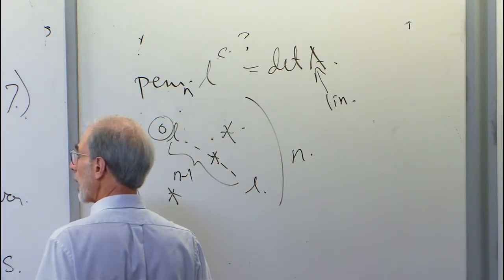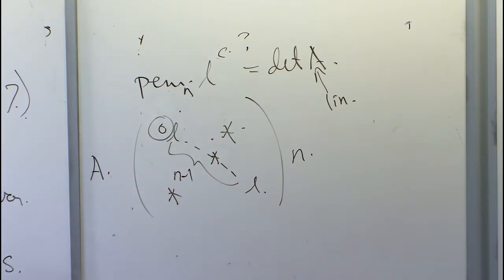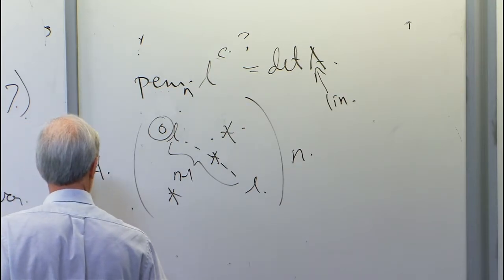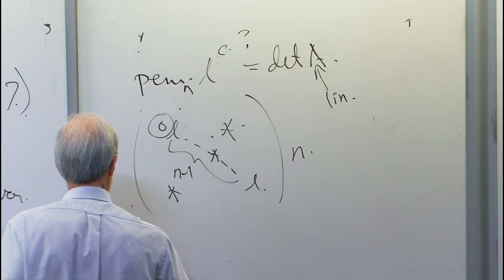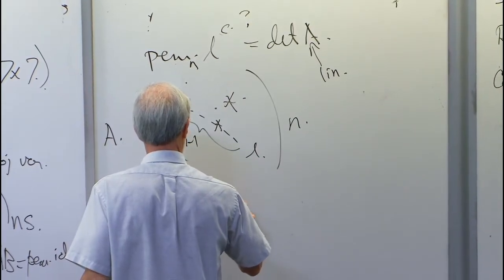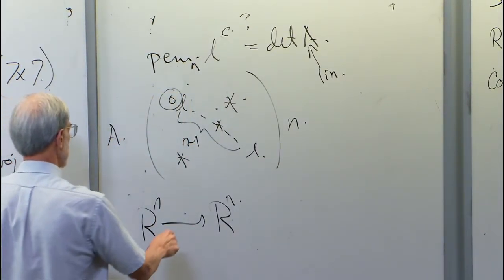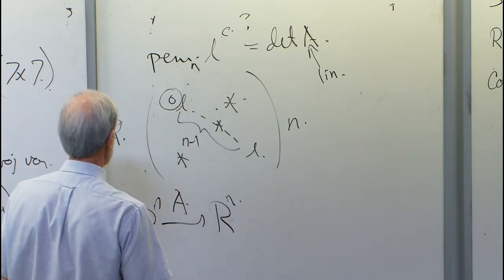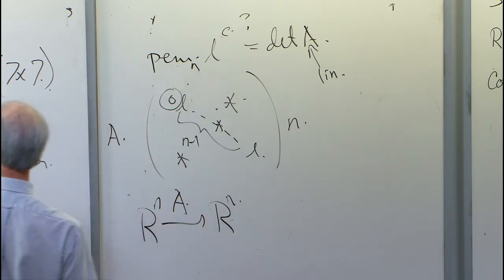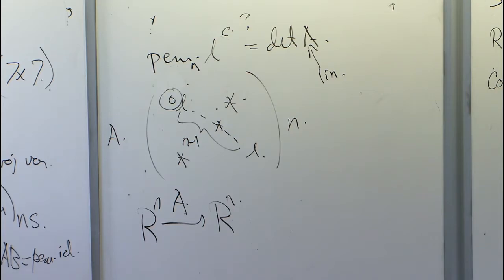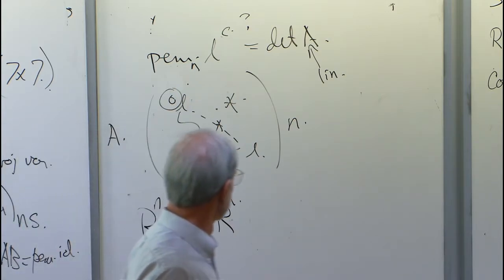If I take R to be this ring, then A is a map from R to the N, in this case, to R to the N. S is the ring with the new variable L. So n squared plus 1 variables.